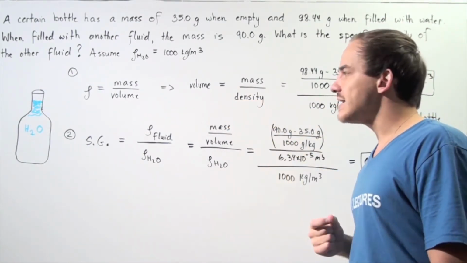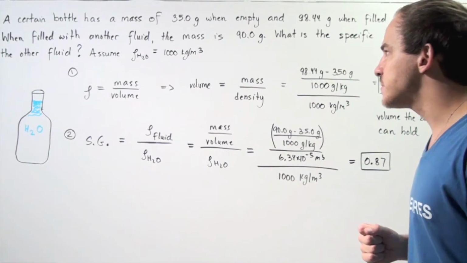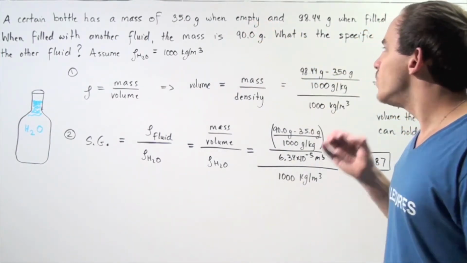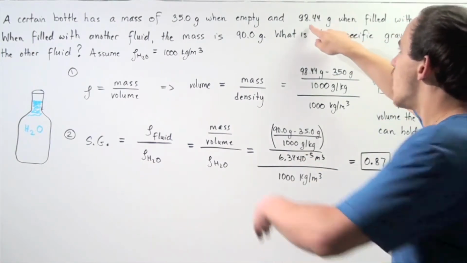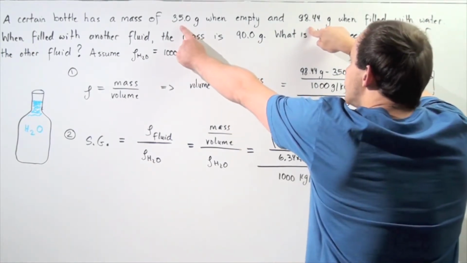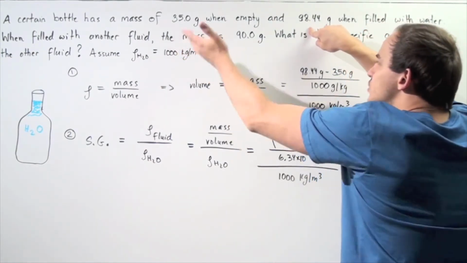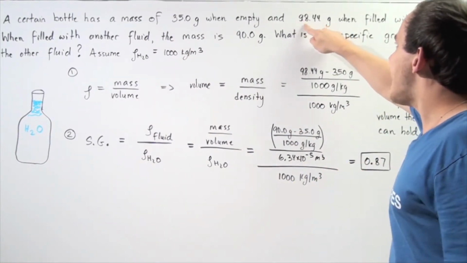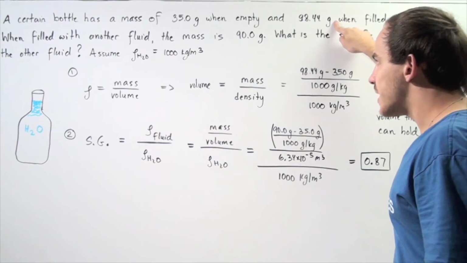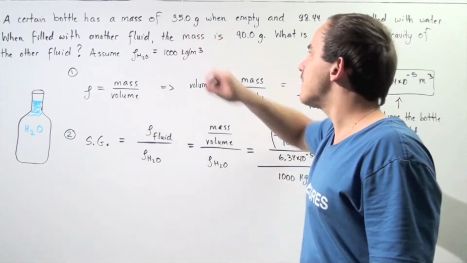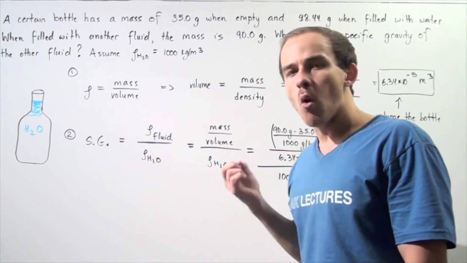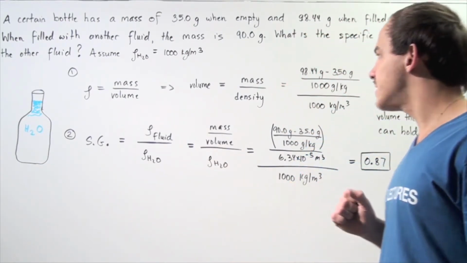So we know what the density is. It's 1,000 kilograms per meter cubed, and that means to find the mass, we simply take the difference of these two quantities and divide that by 1,000 to convert our grams to kilograms. So 98.44 grams minus 35 grams gives us the amount in grams of water found inside our container.